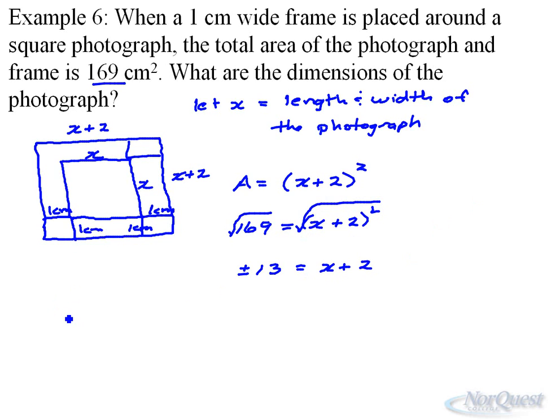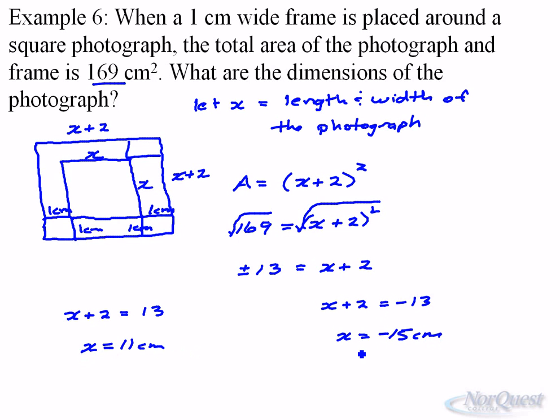So we can write this as x plus 2 equals 13 and x plus 2 equals negative 13. Solve for x. x equals 13 minus 2, which is 11. Or x equals negative 13 minus 2, which is negative 15.